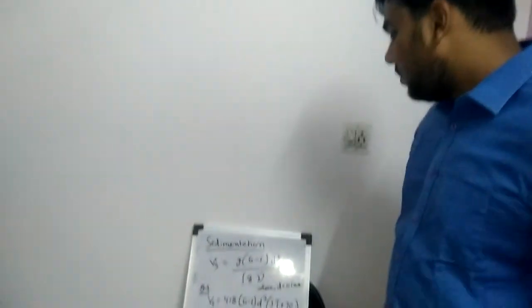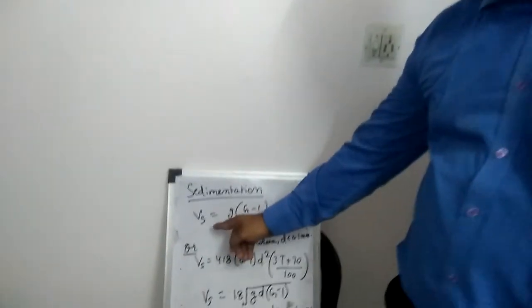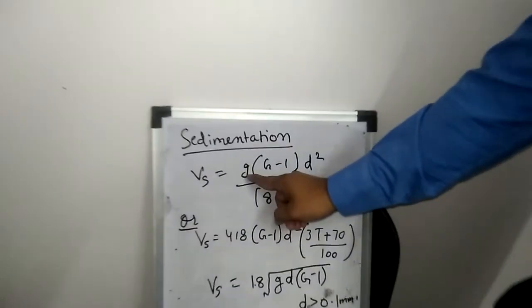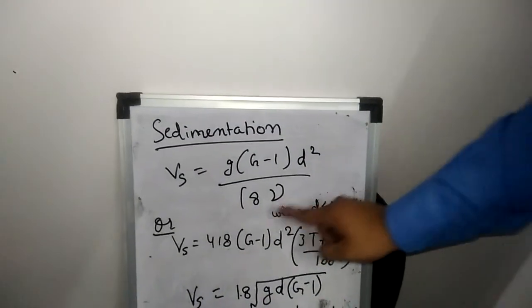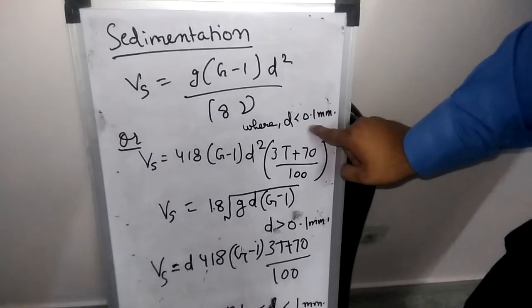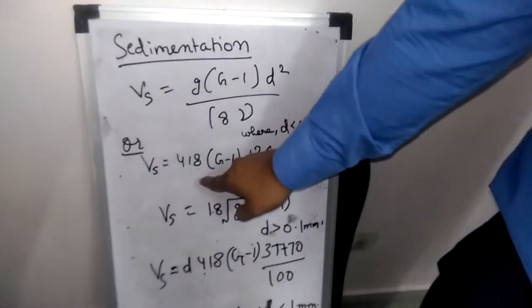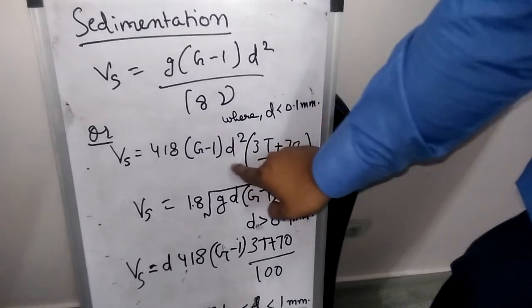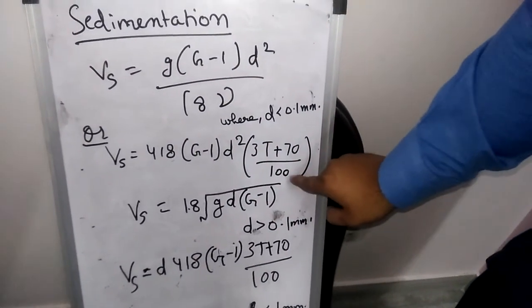Now we will talk about the settling velocity equations. There are three equations of settling velocities. One is Vs equal to g(G minus 1)d squared upon 18 nu, where nu is kinematic viscosity, for d less than 0.1 mm. Or we can write 418(G minus 1)d squared (3T plus 70)/100.